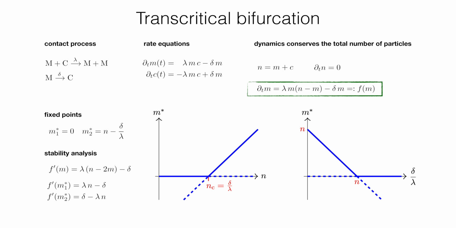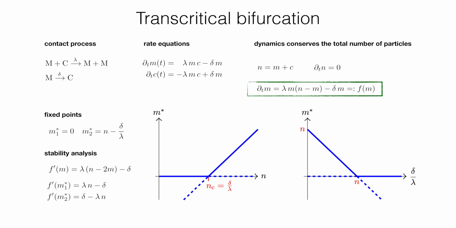So now let me look at this graphically. So let's look first at the left-hand side and ignore the right-hand side. So what we do here is we ask when is the fixed point, what fixed point for m is stable as a function of population size. And what we found by the analysis is that if the population size is smaller than this threshold value, delta over lambda, then m1 star is the stable fixed point. So the virus doesn't spread in the population.